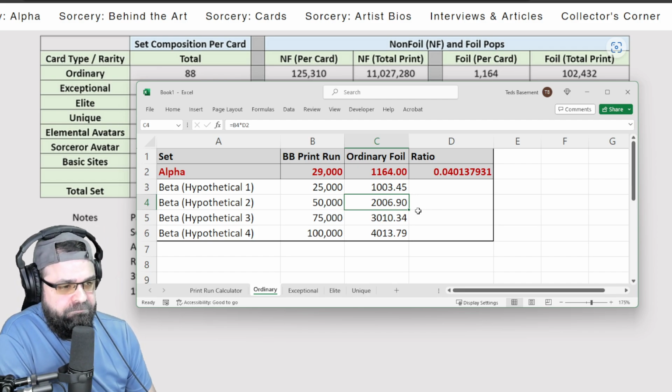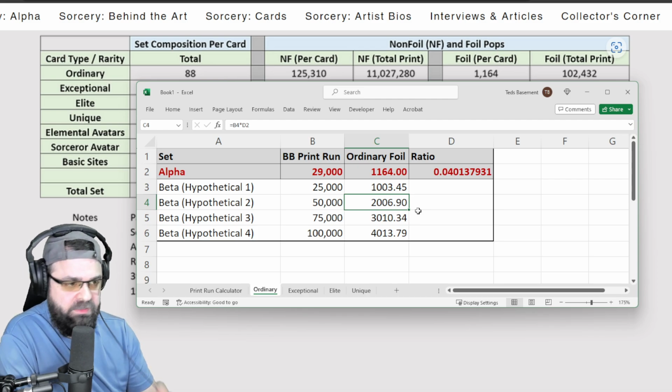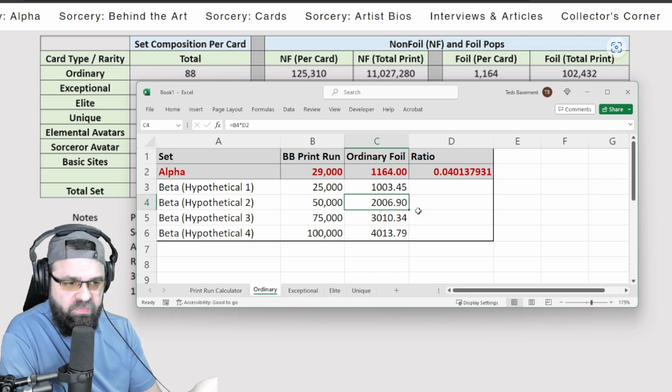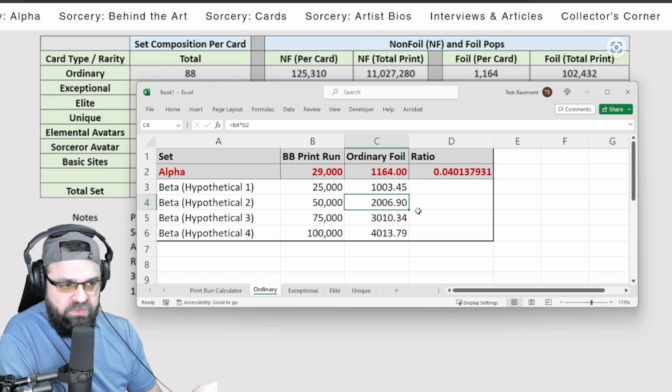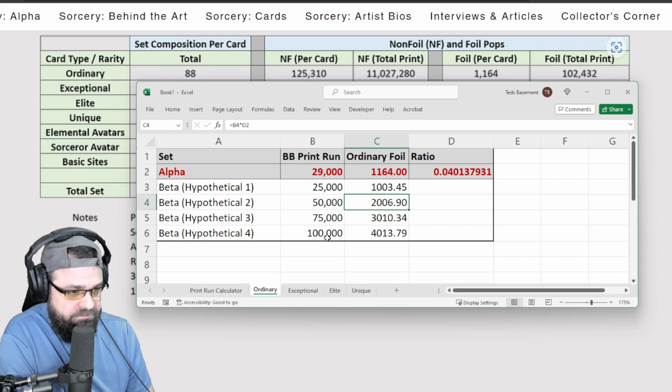So today, I don't know how many fans there are. If there were only 2,000 or 3,000 fans, we've actually got enough ordinaries to go around almost to give one to everybody. So there's not going to be a ton of demand versus supply. I mean, it's basically going to be that supply is going to outweigh demand in that case.